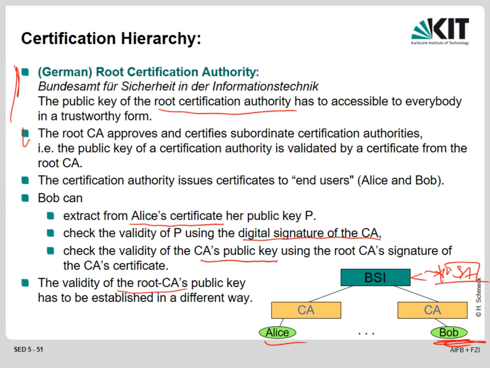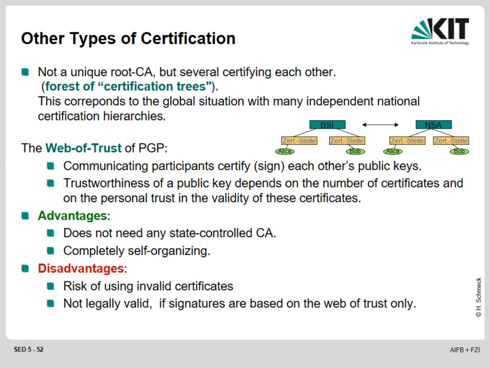So that's about certificates. And then there can be forests of certification trees, and there is the web of trust, where we have just a different starting point, not such a legal certification authority, but just some person whom we trust, and from that we can build up a web of trust. The advantages of that web of trust are that it is completely self-organizing.